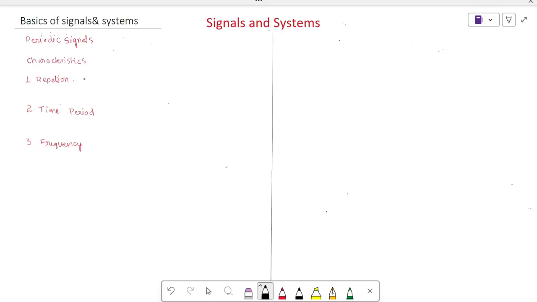So what happened? The signal repeats itself at regular time intervals.